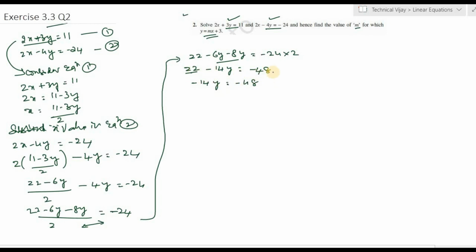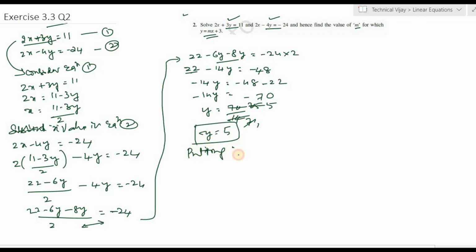So 22 comes to the RHS as minus 22. So minus 14y is equal to minus 70. So y is equal to 70 divided by 14. 14 fives are 70. So y is equal to 5.